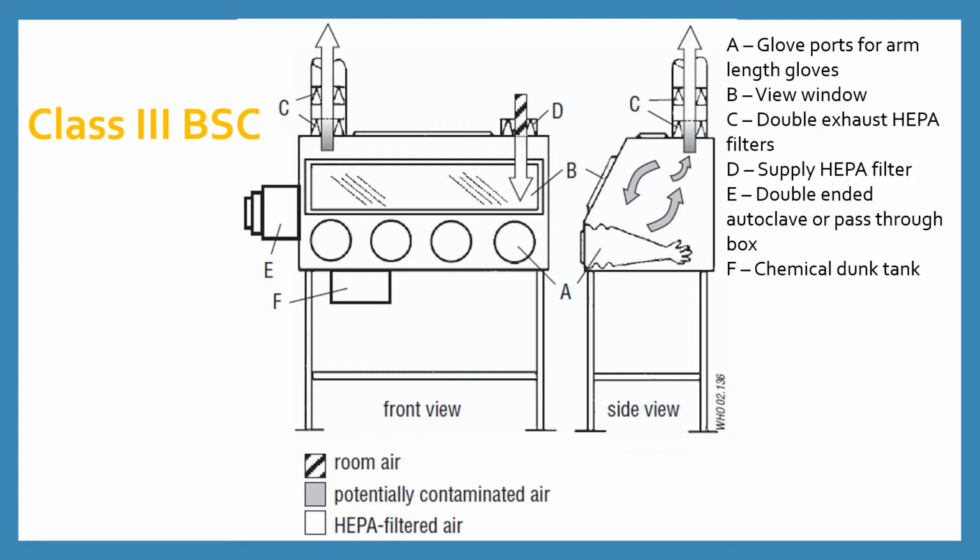The air circulation is fairly straightforward. It enters through the supply HEPA filter labeled D and is discharged through the double exhaust HEPA filters labeled C. The cabinet exhaust needs to be connected to the building exhaust system. 0% of the air is recirculated and 100% of the circulated air is exhausted.